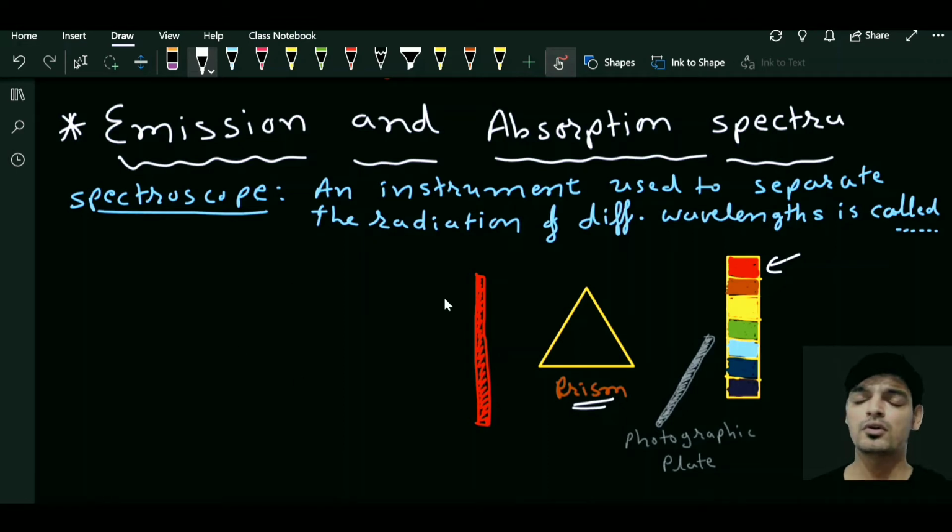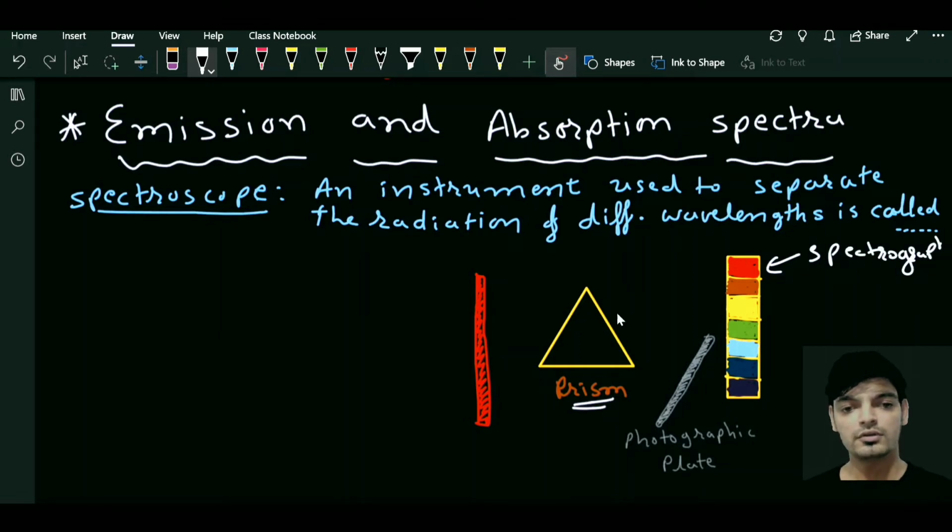But if you do not want to observe directly and want graphic bands, you replace the telescope with photographic film. That film gives you the graph, and it is known as a spectrograph.